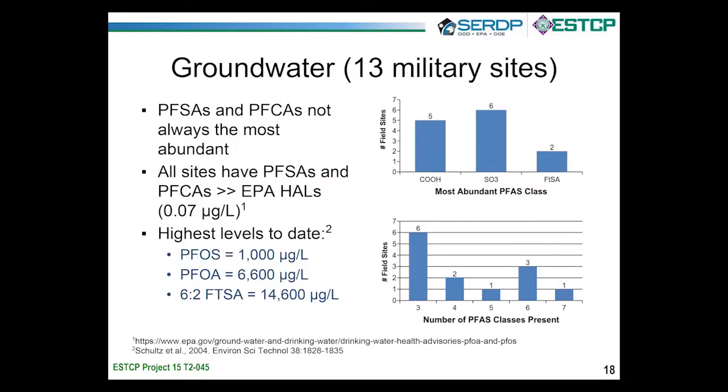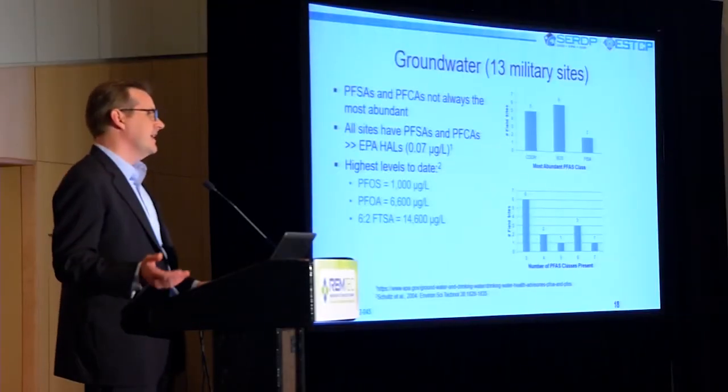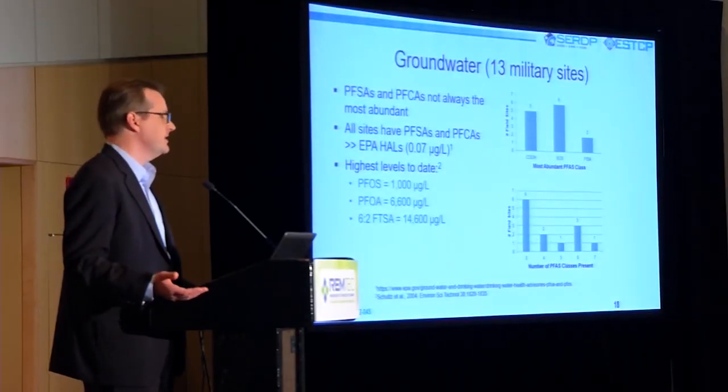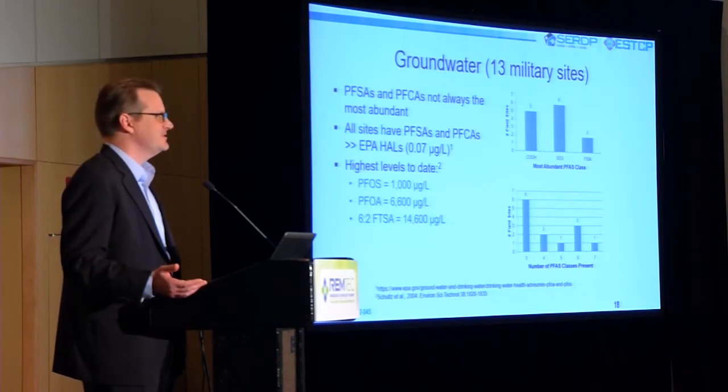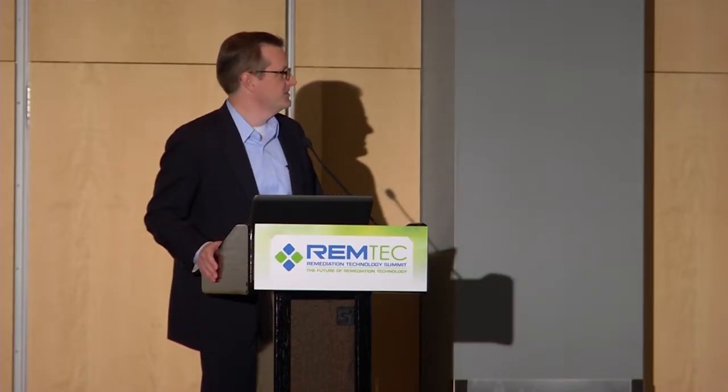And what is important to note is that it is not just the perfluorosulfonates and the perfluorocarboxylates that are the most abundant at these sites. In some cases, we find that the fluorotelomer sulfonates, one of these classes of polyfluorinated compounds that Jennifer mentioned before, can actually be at higher concentrations depending on what type of AFFF was used at particular sites.